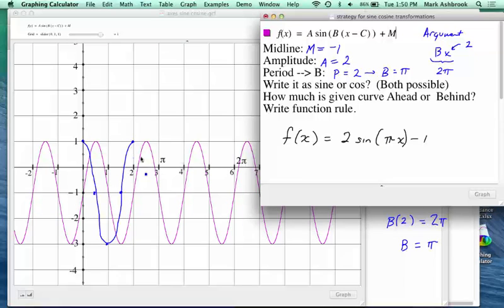The closest kind of U shape like this, 1 cycle of cosine, is where? Starting here, right? So the graph that we want to graph, is it ahead or behind the graph of cosine without a shift? Behind. It comes later, right? So we're going to subtract from the argument or add to the argument?